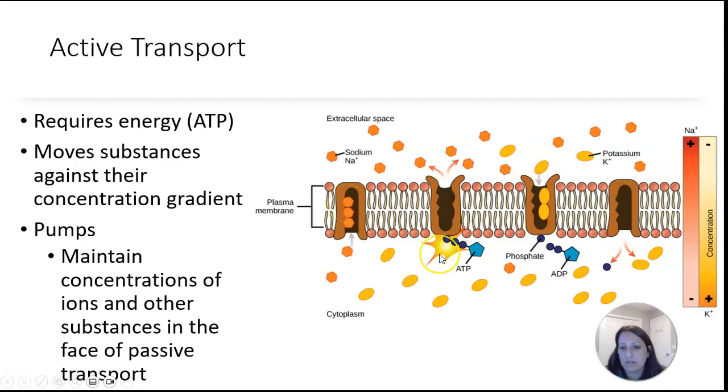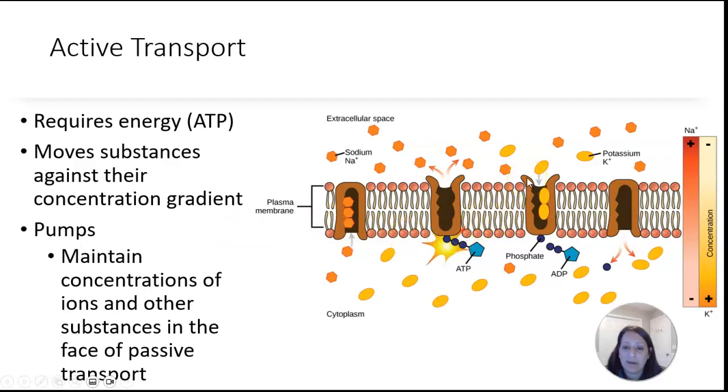That binding, along with the help of ATP, so energy, is going to cause that protein to change shape and to dump off those sodium ions on the outside of the cell, so on this side of the membrane. So notice that sodium was just pumped against the concentration gradient. Sodium was pumped from low to high concentration against the gradient. Energy was needed for that, so there's that ATP.